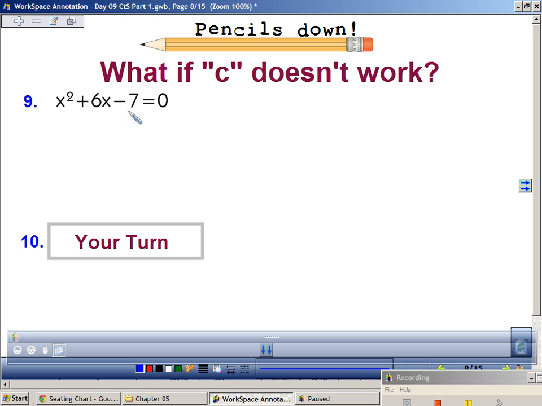If you really want to be conceptual, you could figure out what you've got to add to both sides to make that number 9. How much would you actually have to add to both sides to make a positive 9? 16. You'd have to add 16 to both sides.